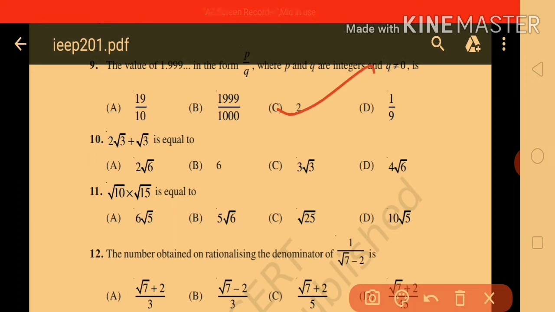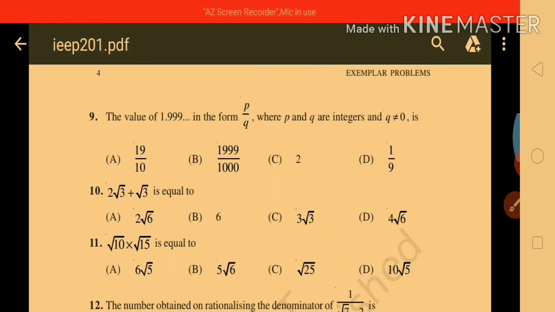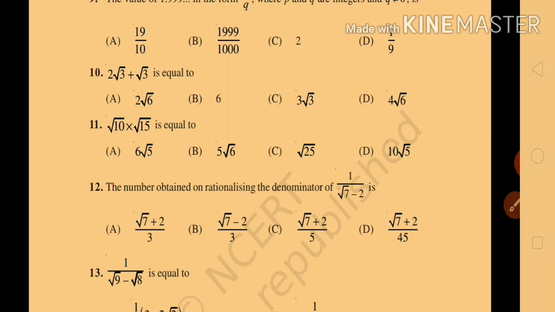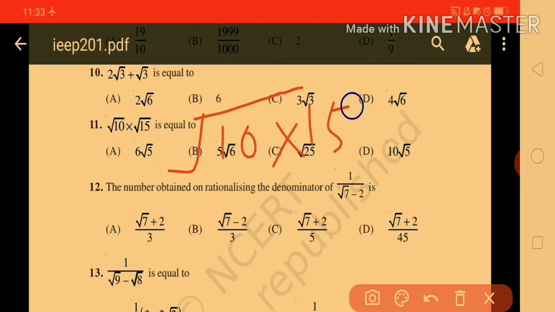Okay, now come to the 10th question. 2 root 3 plus root 3 becomes 3 root 3. Root 3 is just like an irrational number multiplied with a coefficient. So 2 plus 1 is 3, and root 3 will be written with it, right? Now root 10 multiply root 15 is equal to, so it can be written as root 10 multiply root 15.